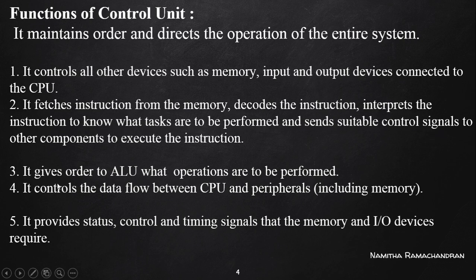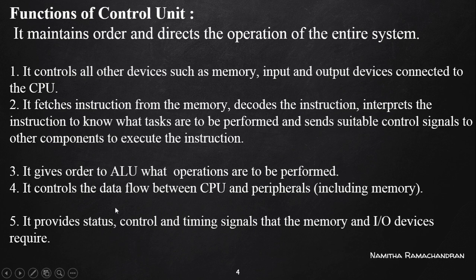Okay, it gives order to ALU what operation want to perform. So it generates sometimes control signals for the ALU. That control signal acts as an order to the ALU in order to start the execution of certain operation.